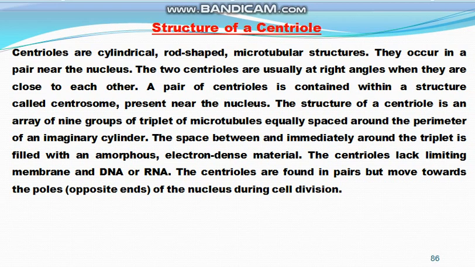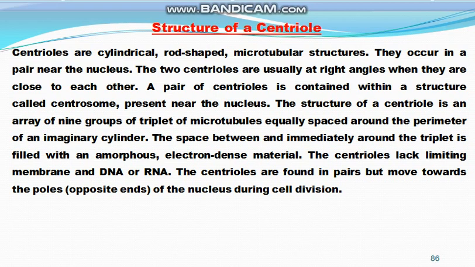If we consider an imaginary cylindrical shape, then at the perimeter there are 9 groups of triplets of microtubules in each centriole. And centrioles have no membrane, they have no DNA or RNA, and centrioles are present close to each other near the nucleus, but during cell division, this pair of centrioles moves towards the opposite ends, that is, opposite poles.